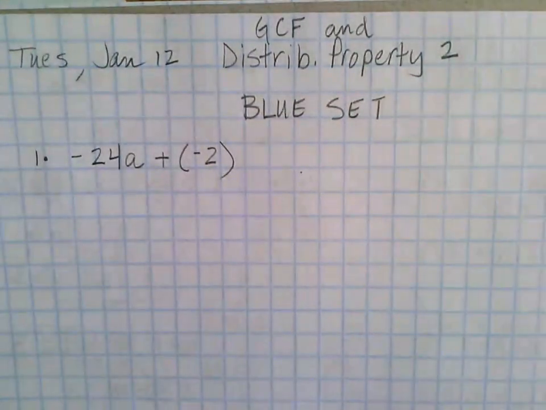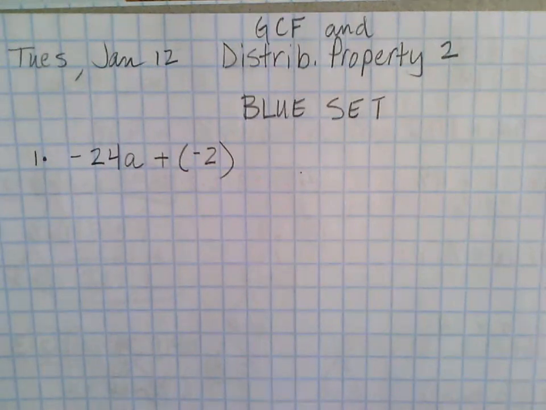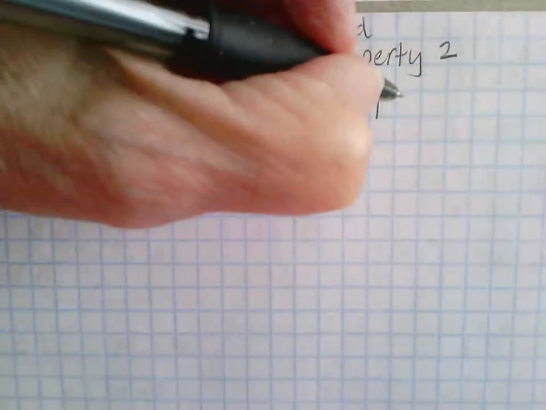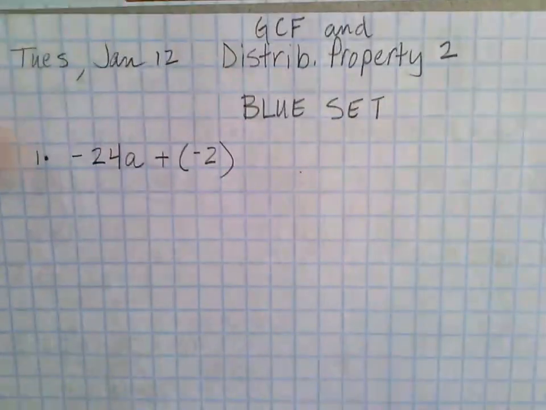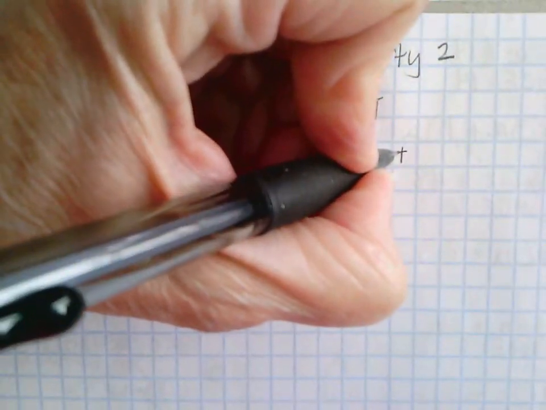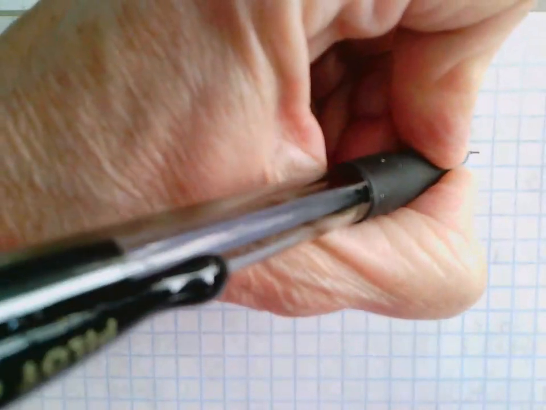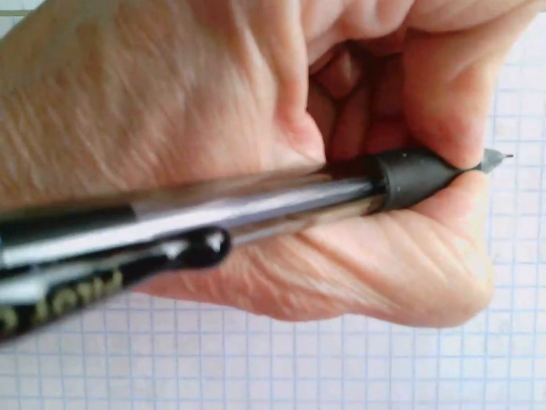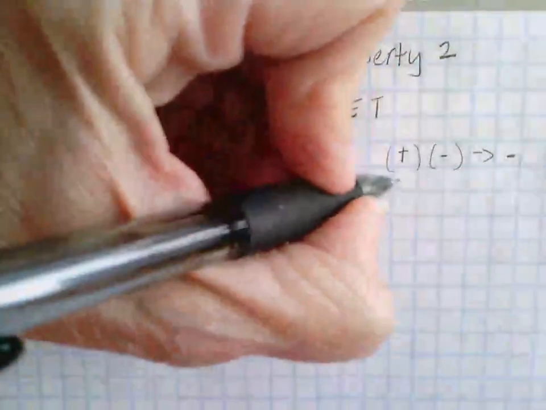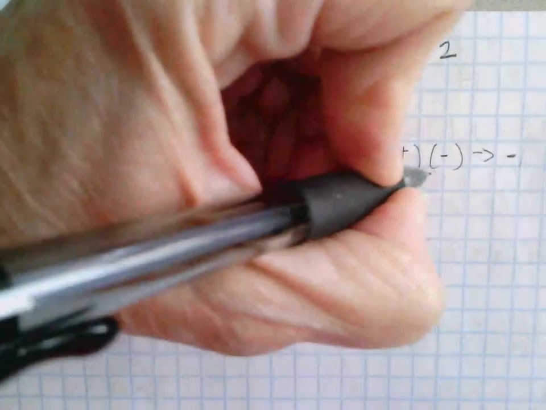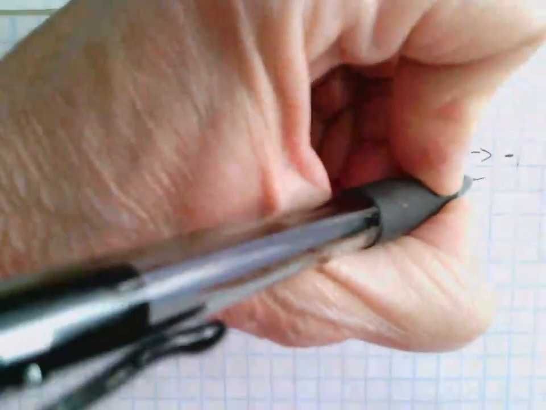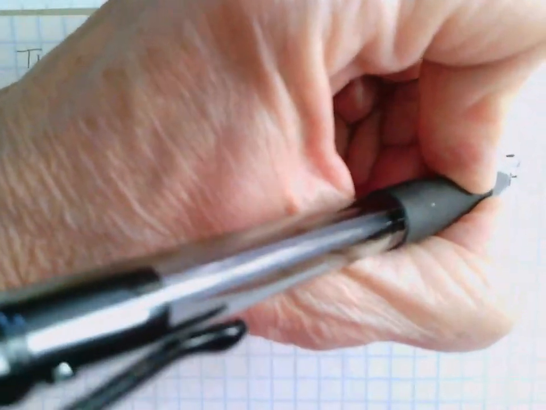So let's just review a little bit about what happens when you multiply negative numbers. When you have a positive times a negative, your result is going to be negative. When you have a negative times a positive, your result is going to be positive.